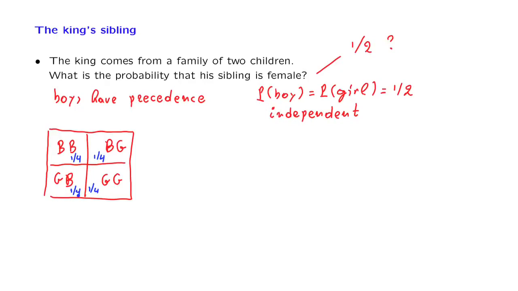Now, we know that there is a king, so there must be at least one boy. Given this information, one of the outcomes becomes impossible, namely the outcome girl-girl, and we're restricted to a smaller universe with only 3 possible outcomes. Our new universe is this green universe, which includes all outcomes that have at least one boy so that we can get a king.